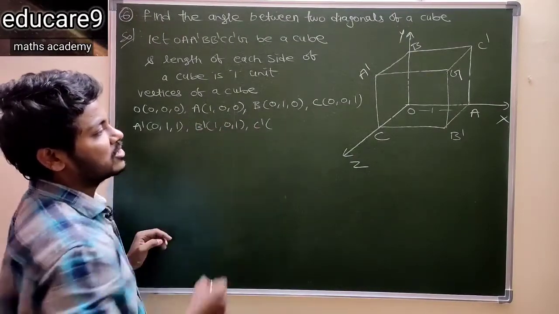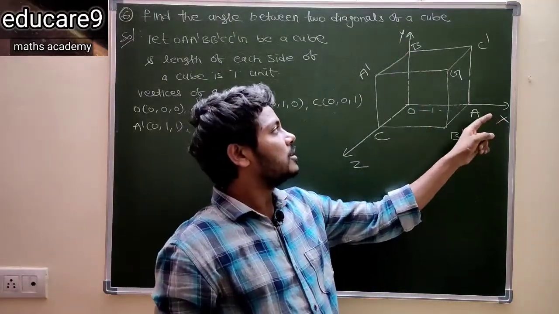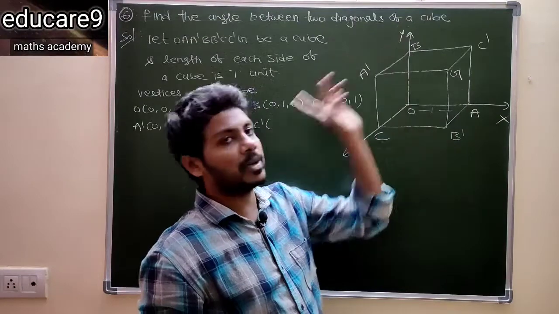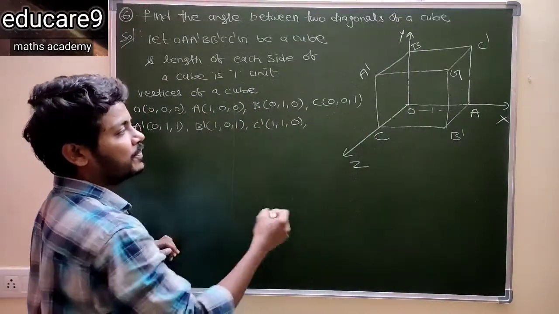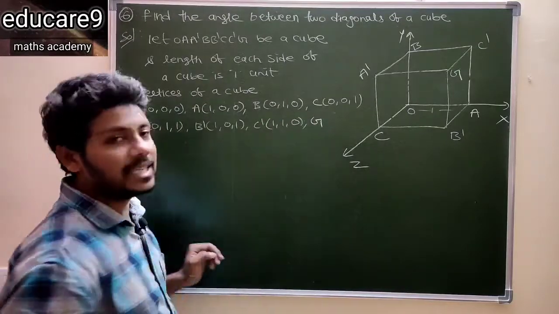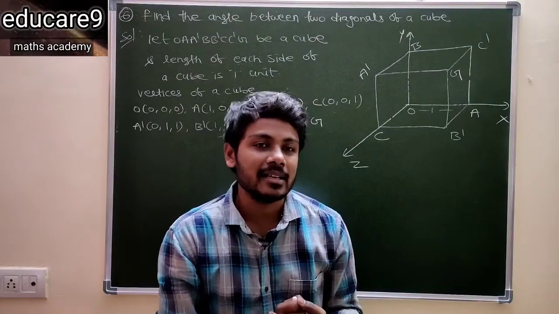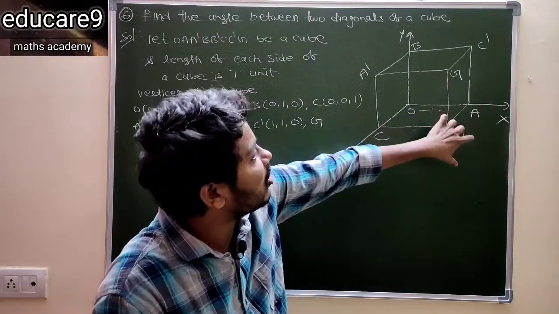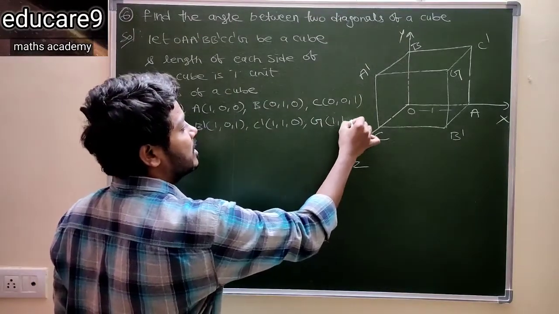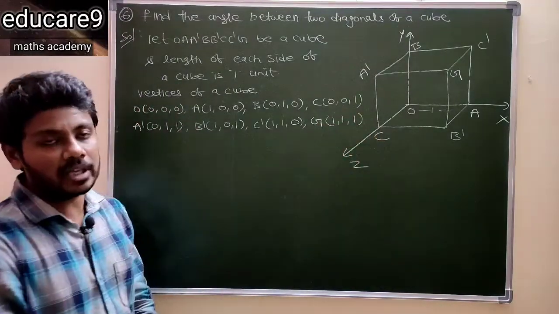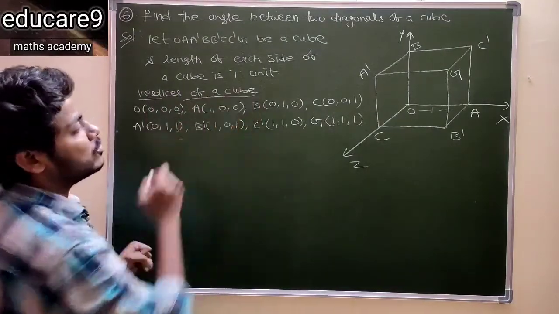Next, C dash lies in the XY plane, so the z coordinate is 0, that is 1, 1, 0. And the last vertex is G. This point lies in space, so it covers all the axes X, Y, Z. Therefore none of them is 0. It is 1, 1, 1. So these are the vertices of a cube.